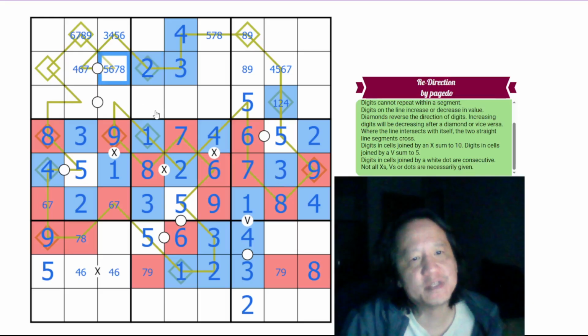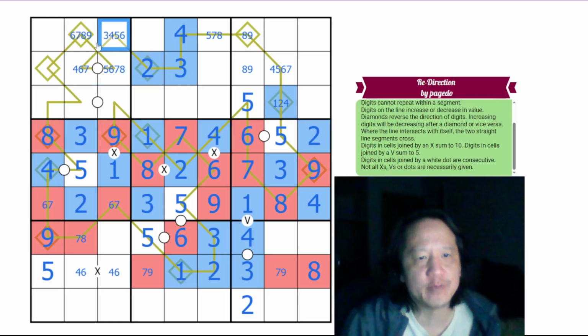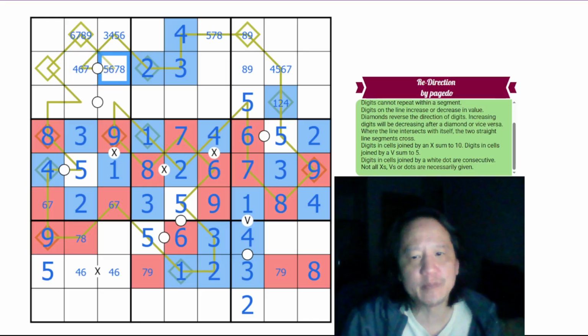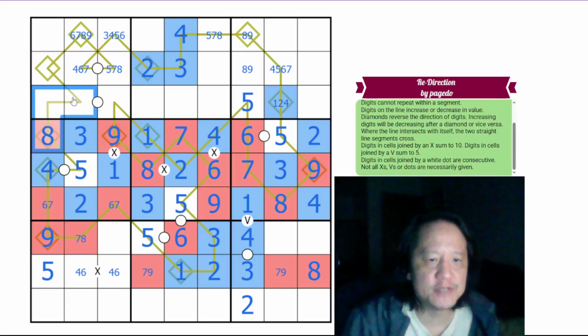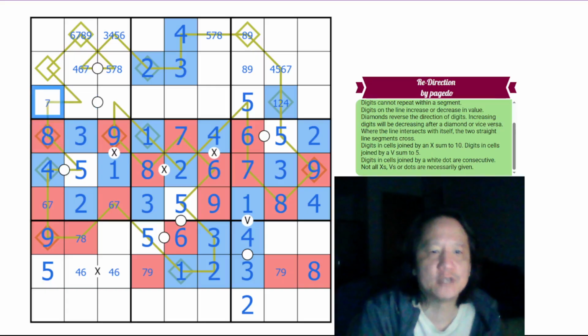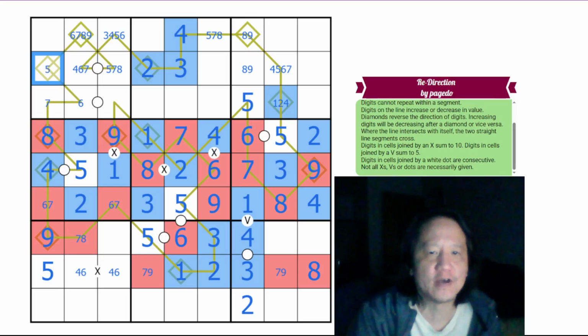Can this ever be 6? If this is 6, this would have to be 1 less than it because they are consecutive. And it would have to be less than it because it would have to be increasing this way and decreasing this way. So this cannot be 6 here. This is decreasing from the 8, so it's at most 7, at most 6, at most 5.